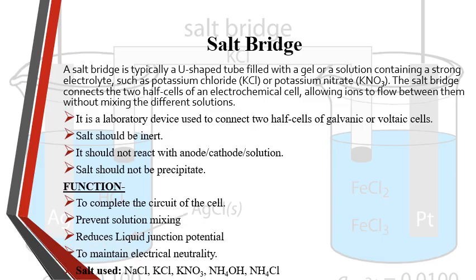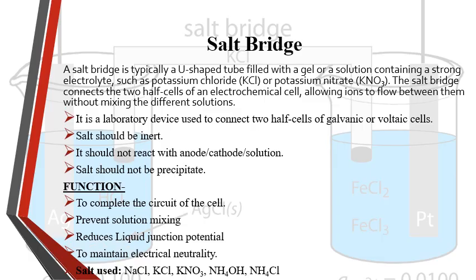Now, how does this salt bridge work? Pay attention. It's not in the note. In an electrochemical cell, oxidation occurs in one half cell, producing electrons and positive ions. The electrons flow through the external circuit to the other half cell, where reduction occurs.